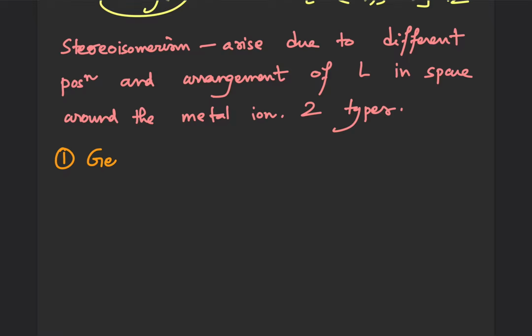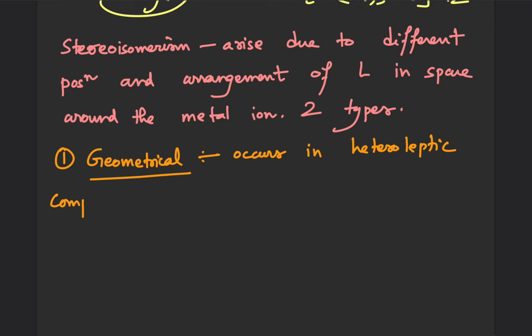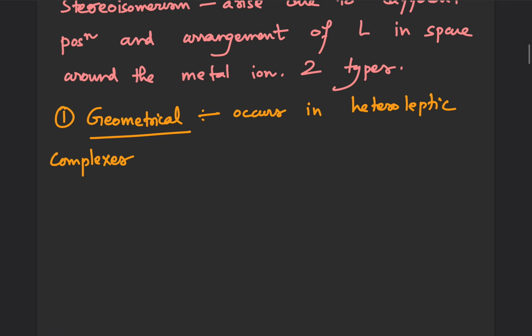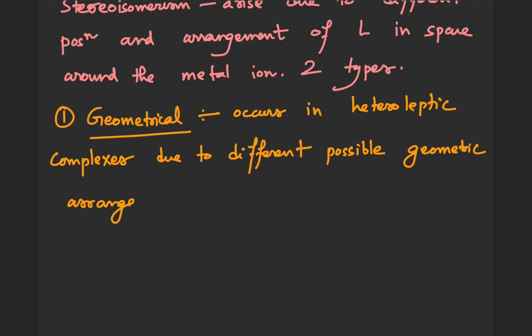First one is geometrical. Geometrical isomerism occurs in heteroleptic complexes due to different possible geometric arrangements of ligands.